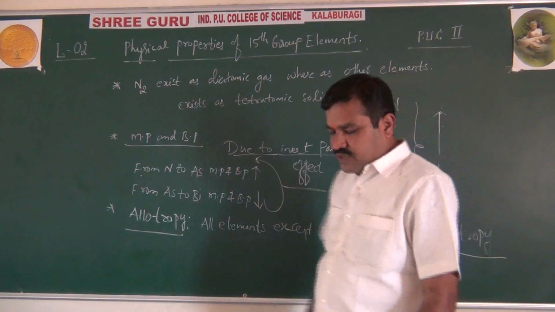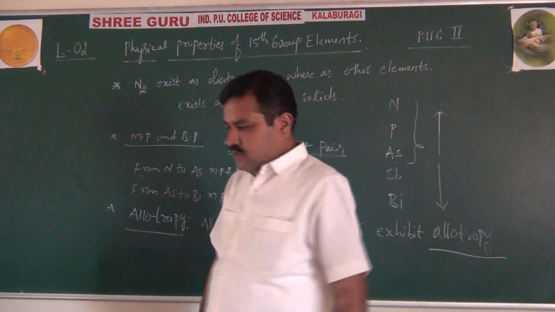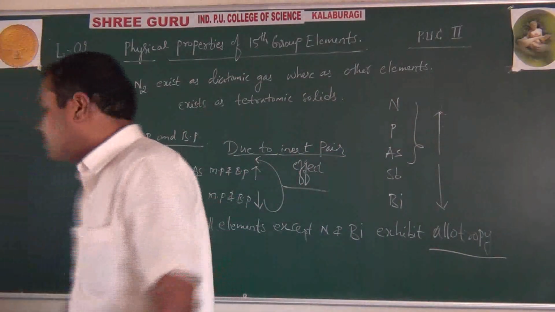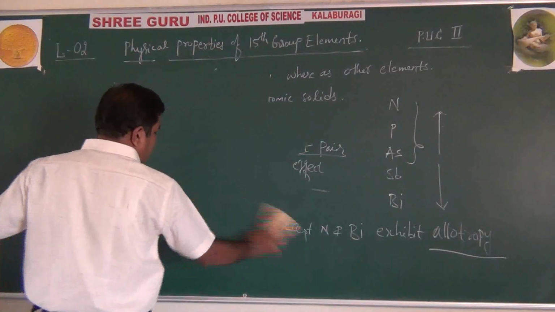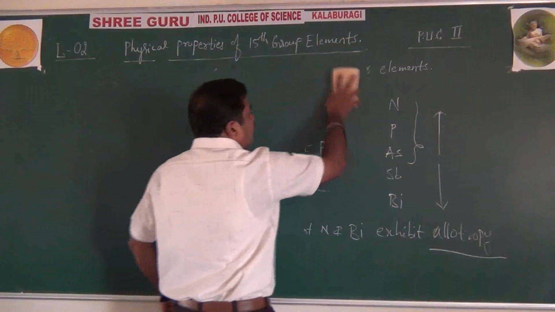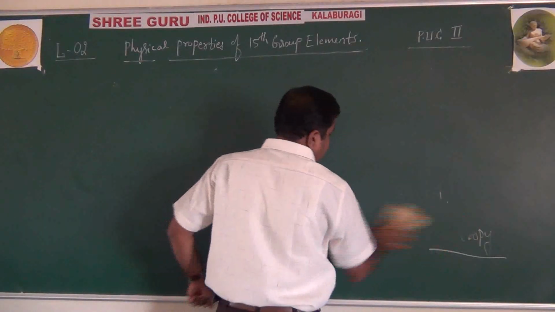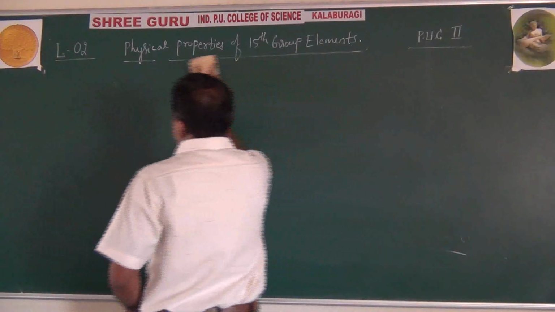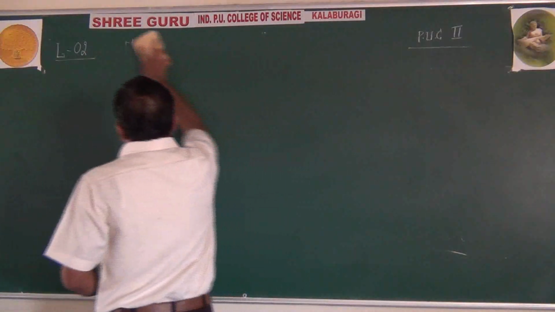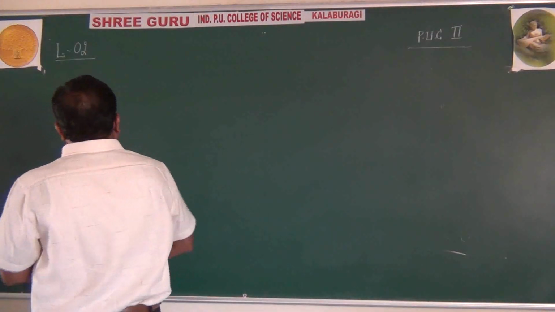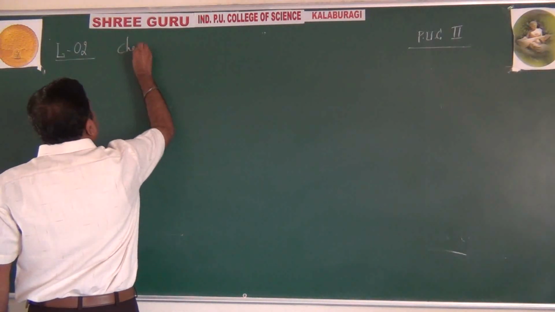Now this is the completion of physical properties. Now let us move on to chemical properties of these 15 group elements.